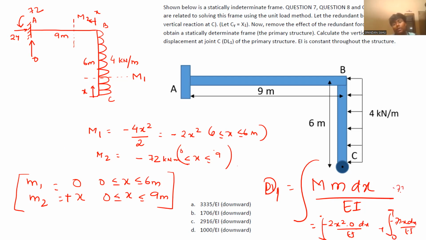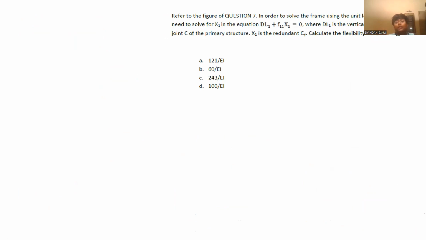So minus 72 by EI will come outward, integral of x dx, x square by 2 from 0 to 9. So 72 into minus 81 by 2 gives minus 2916 by EI. The minus sign represents that our assumed direction of Cy is wrong, and it should be downward. So this question is done.